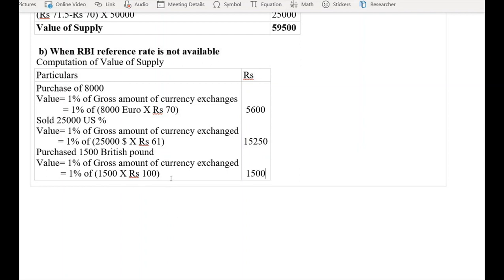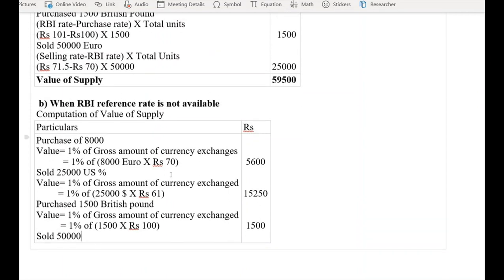Then similarly, we have one more, sold 50,000 euros. So value equals 1% of the gross amount of currency exchanged.